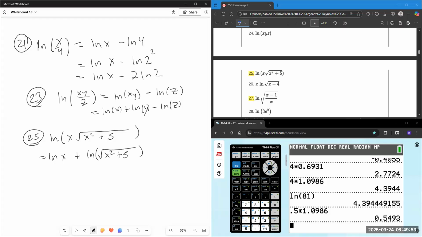And I think that you saw in the previous problems that the square root is just a 1/2 power. So the 1/2 power can come out front. Ln of x squared plus 5. X squared plus 5 does not factor anymore. I can't break that down, so I'm going to leave that just like that.